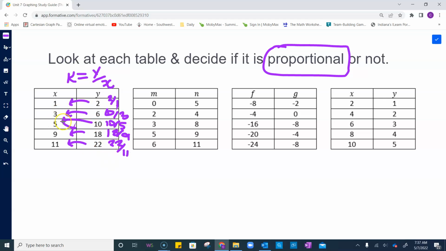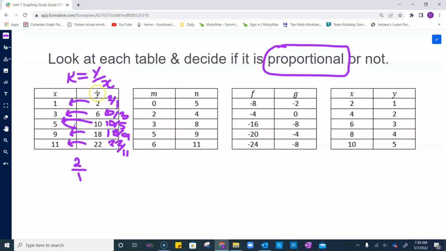You got to check all the ones you're given. So all of them, when they're put in lowest terms, have the same value, 2 over 1, and it also happens to be the unit rate. So the k value is 2 to 1 or 2 when we put it in simplest form.